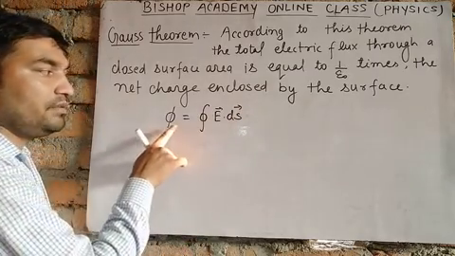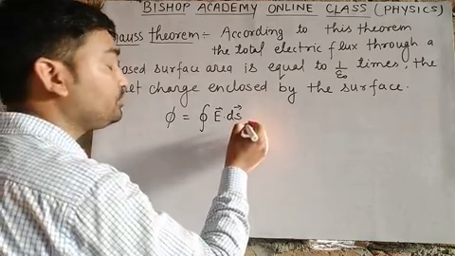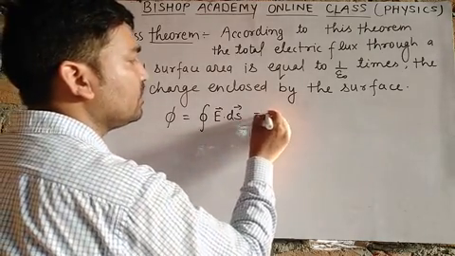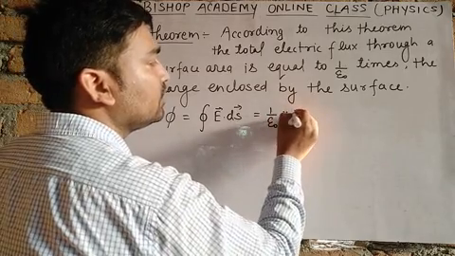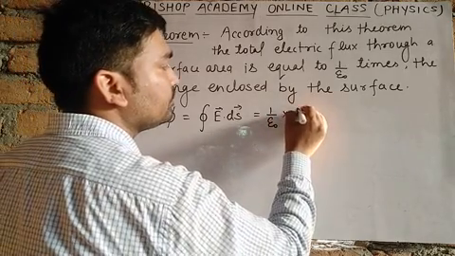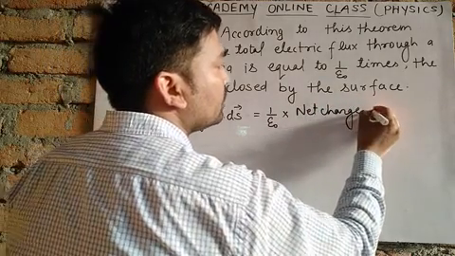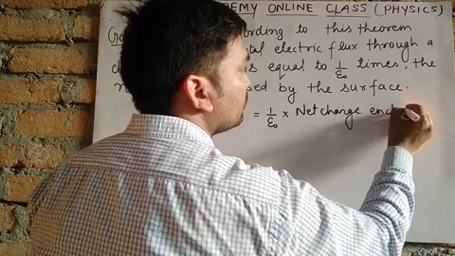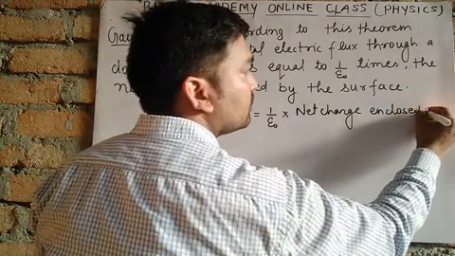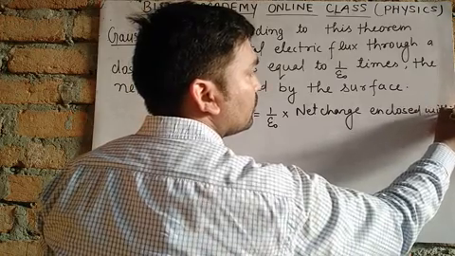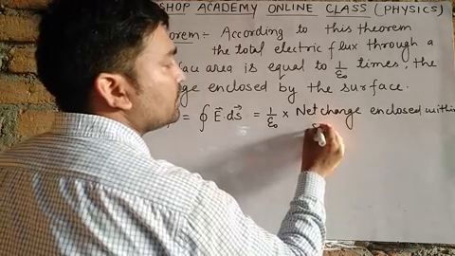As we define flux, this formula has been generated, and this is written as 1 upon epsilon naught times the net charge enclosed within the surface.